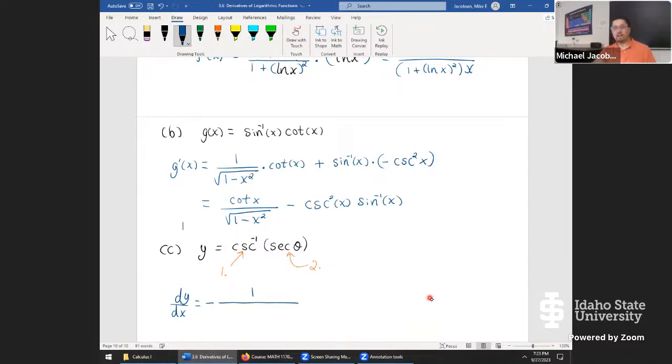Then in the numerator, there's a 1. Down below, there's a placeholder here, root, placeholder squared, minus 1. Let me put just a quick note: d dx of cosecant inverse x is 1 over x root x squared minus 1.